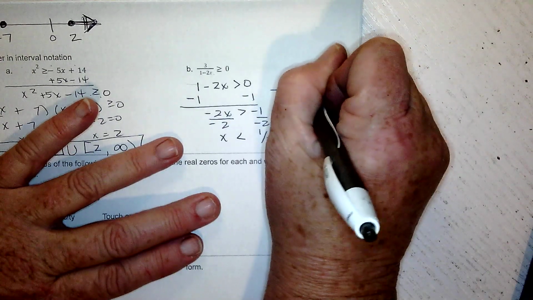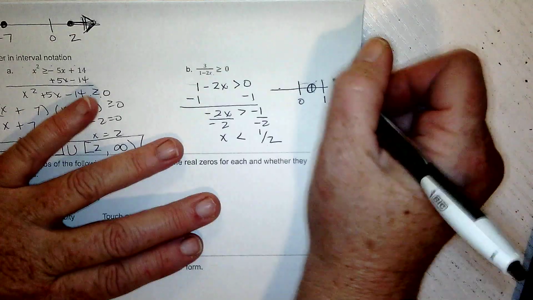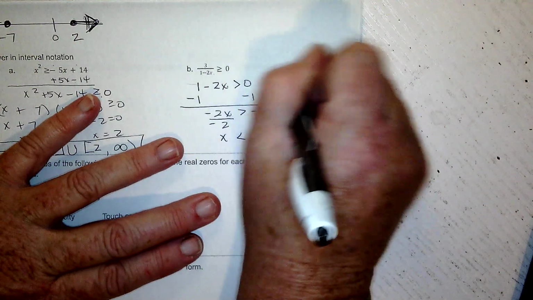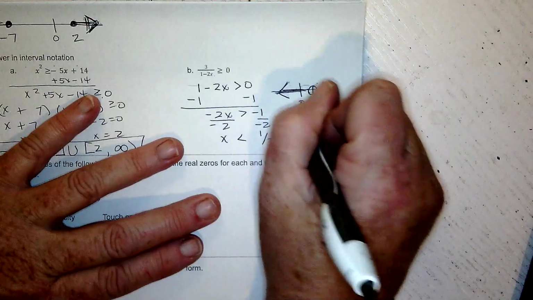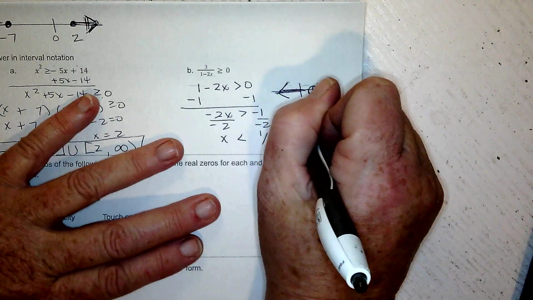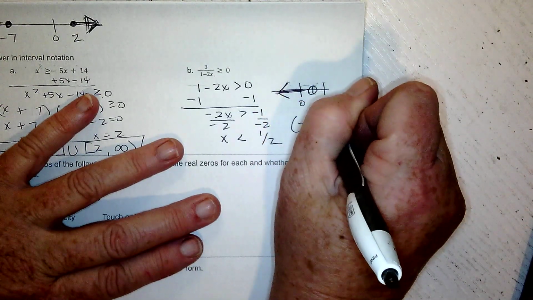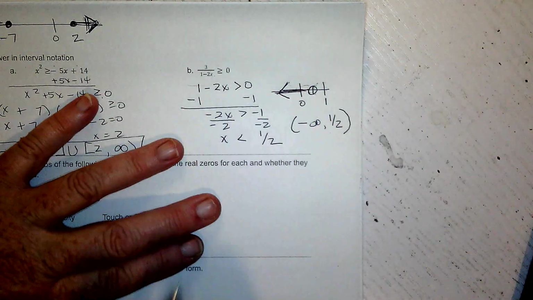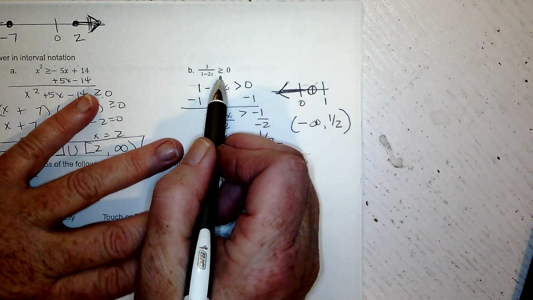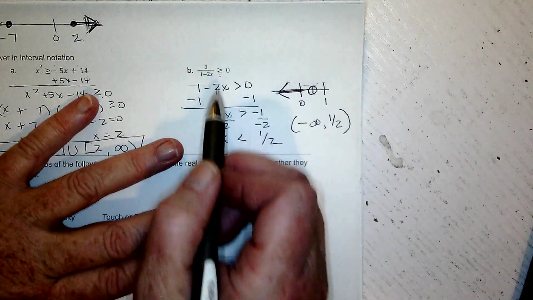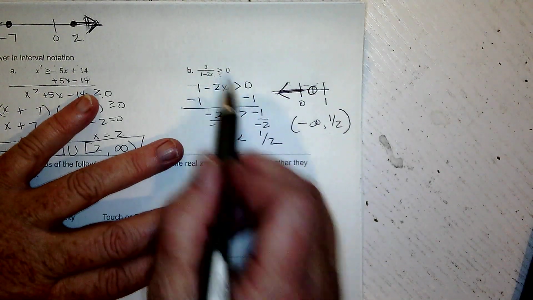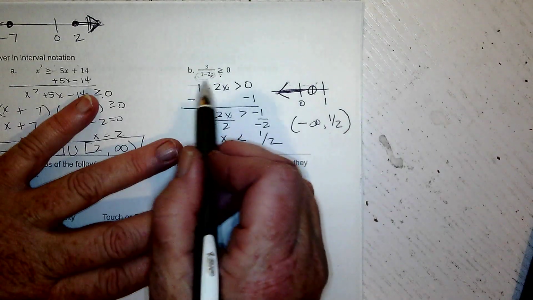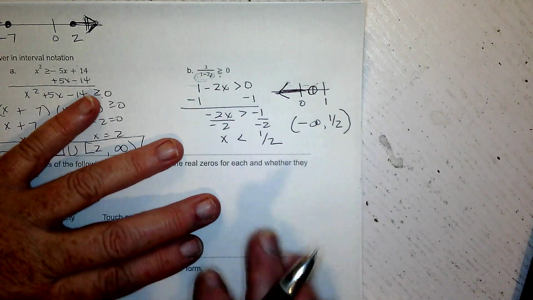It can't be included because that makes the denominator 0. So it's coming from left to right, negative infinity, stopping at 1/2, and it is not included. If you have that 1/2 equal to, then that goes into x, and it will make this denominator 0. So this is our domain.